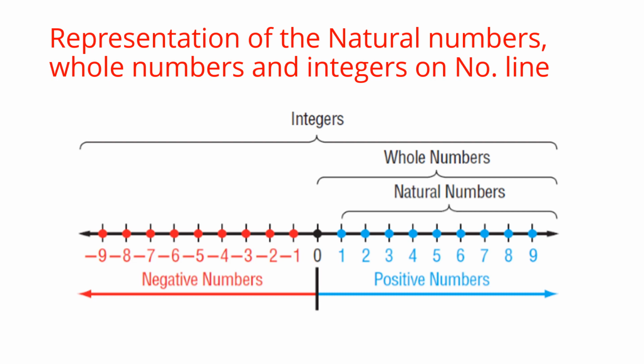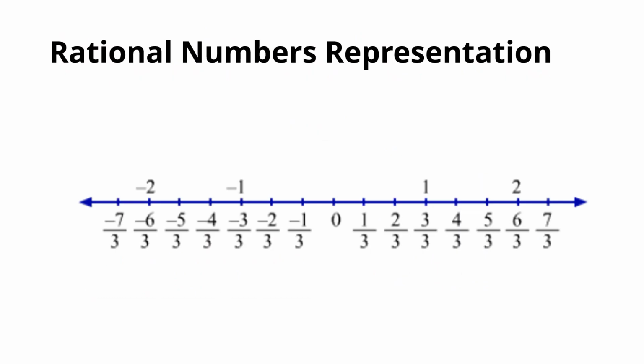Next is the representation of natural numbers, whole numbers and integers on the number line. This you have already done in your previous classes. It is very simple. What you have to learn here is the representation of rational numbers on the number line, which is very easy. Suppose you want to plot 3 by 3 or 2 by 3 on the number line.